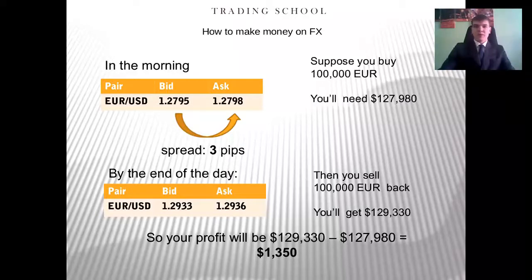So as you can see from the slide, you can calculate that your profit will be $1,350. But you don't need that large amount of money I showed you as an example, because you can use leverage. Later I will explain that you can buy that amount of currency with a 100 times smaller amount of money.